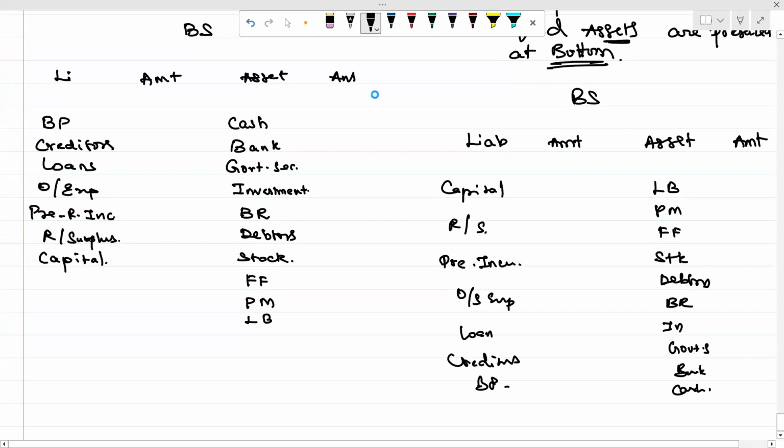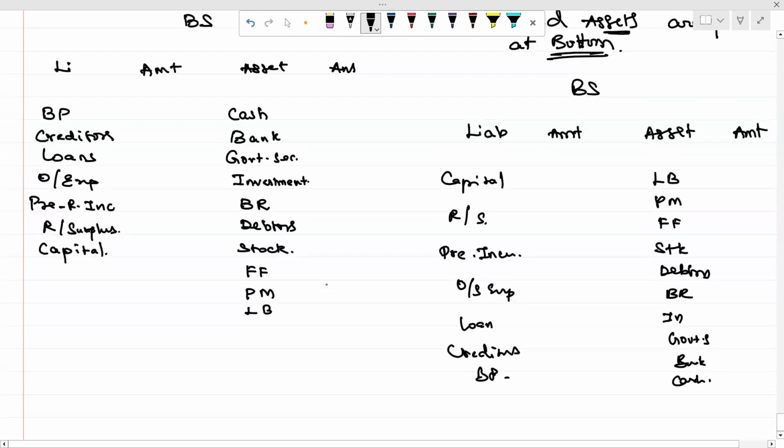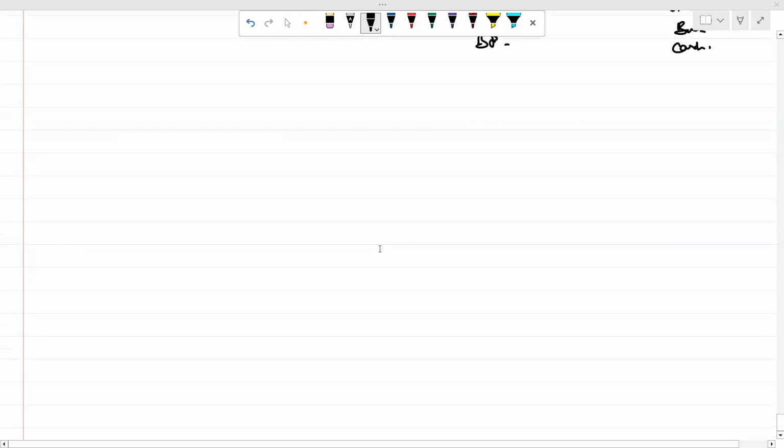This concept is known as the marshalling concept. Under the marshalling concept of the balance sheet, we have two: one is the order of liquidity and the next is the order of permanence.